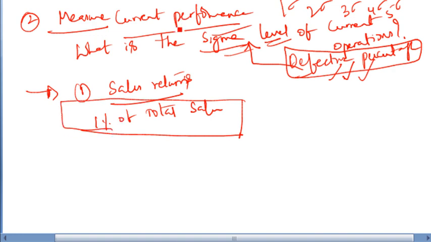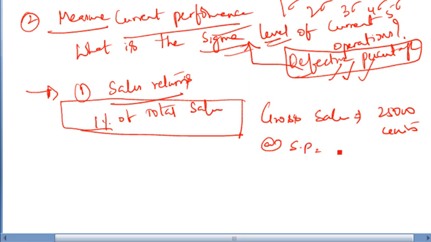Now, if you see the gross sales, how much is the gross sales in the question? The gross sales is 25,000 units, and it is selling at a selling price of 20,000 per unit. Therefore, the total gross sales, 25,000 units into 20,000 per unit, comes around 50 crores.